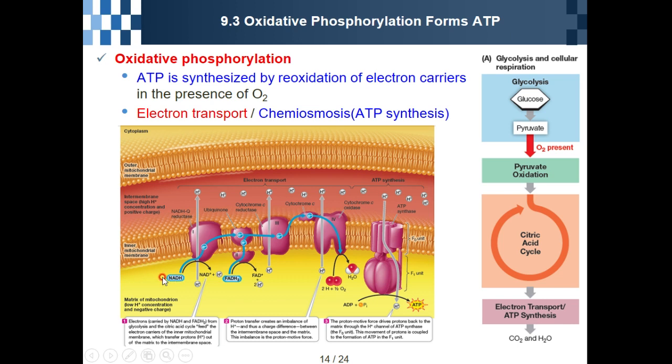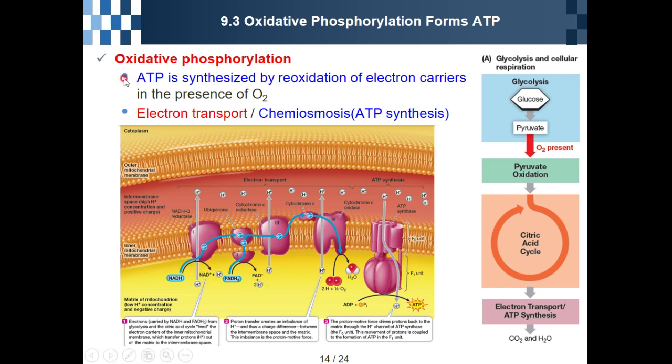Okay, so NAD plus is reduced to NADH, and FAD plus is reduced to FADH2. This is electron carrier. Okay, these 2 electron carriers are reoxidized. So it will change to NAD plus and H plus. So this one will be reoxidized to FAD plus and 2H plus, like this.